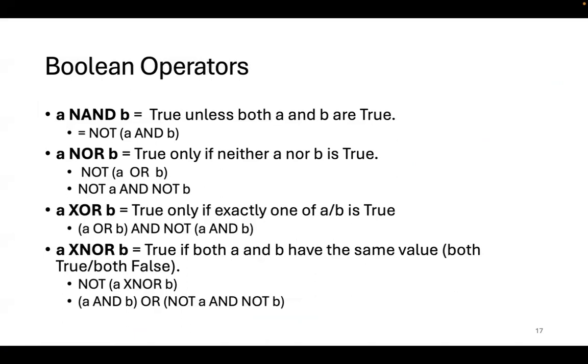You either get a hot dog or you get a hamburger. And so XOR fills that gap, where XOR is true only if only one of them is true. And then XNOR is true only if they have the same value, so either only if they're both true or if they're both false.